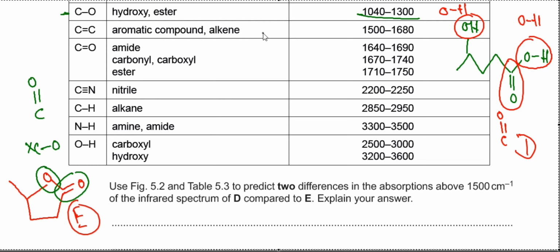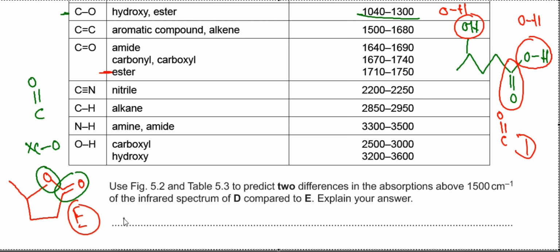So what can you say? Just say that in E there is absorption due to the ester at the region of 1710 to 1750 due to the presence of C double bond O. How can you comment here?